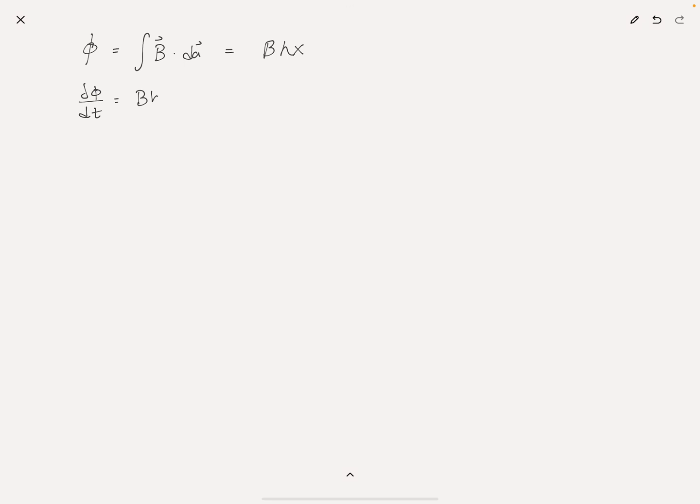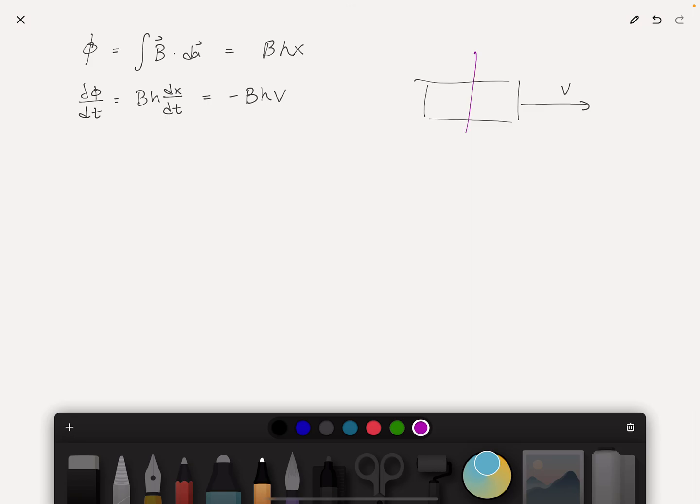That is B h dx/dt, which is minus BhV. The minus comes from the fact that a rightward velocity moves my loop. Let's redraw that really quick, where this is x. So when the velocity is positive, x gets smaller, so that's why the negative sign is there.